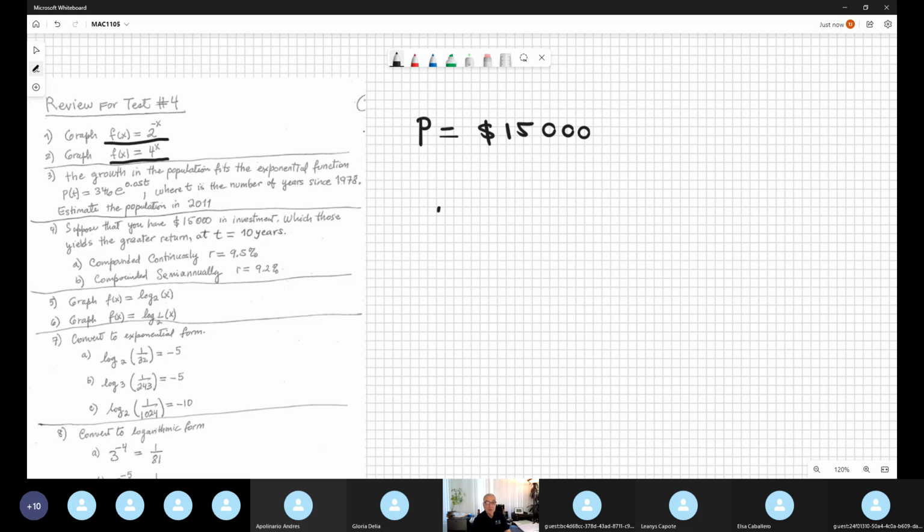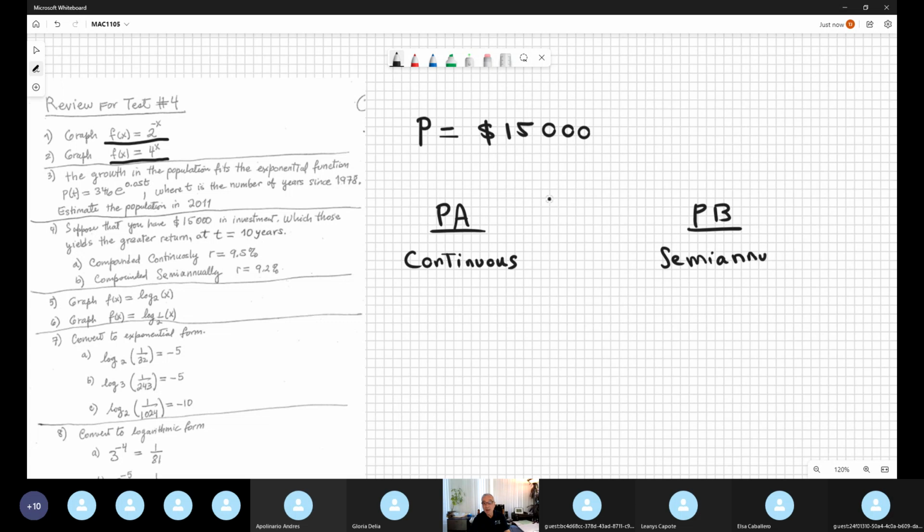Possibility A and possibility B. Possibility A is you deposit that money in one account que guarantee me continuous compounding, continuously, like adjective, continuous, and another que es no continuous, semi-annually.